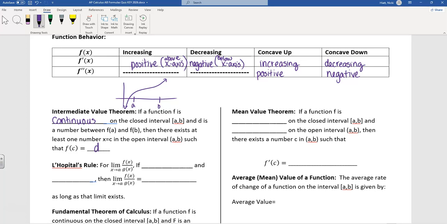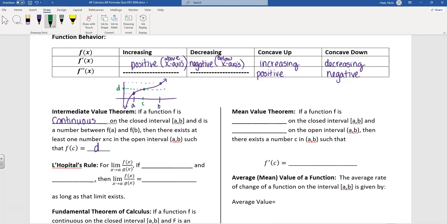This is just telling us that if you know f of a is here, and f of b is here, then if d is right here, then there's got to be a place where your function equals that.